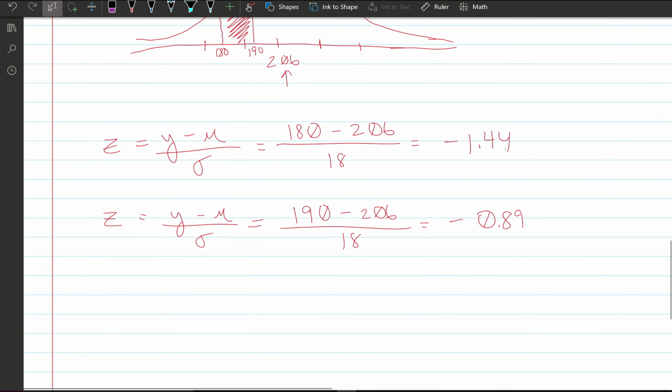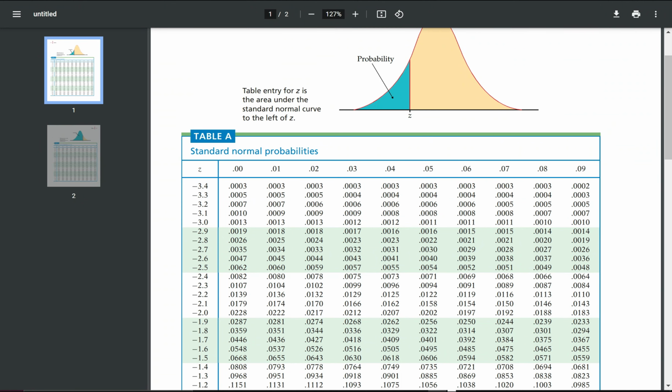So we're going to try to find the area where the z-score is between negative 1.44 and negative 0.89.